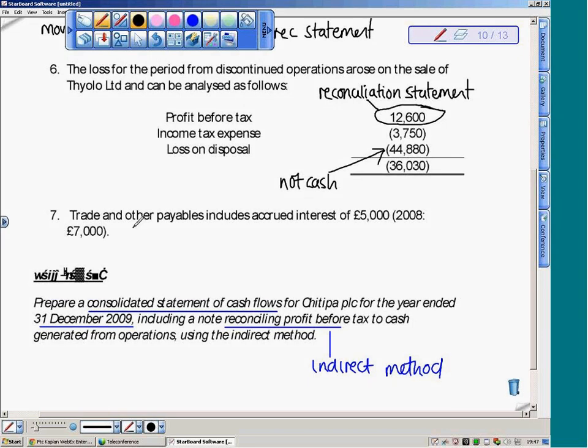Okay, it tells us in note 7, trade payables includes accrued interest of 5,000 and 7,000 in 2008. Okay, what we know is that in the cash flow, it is a separate disclosure.